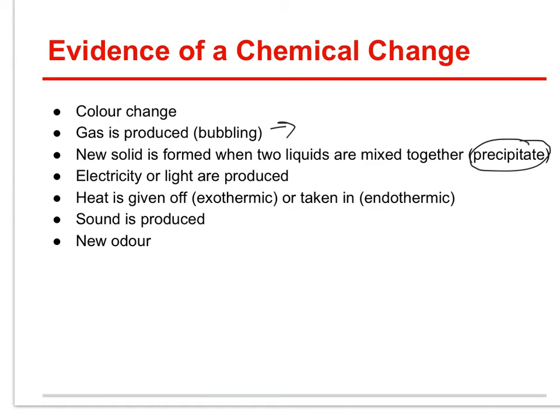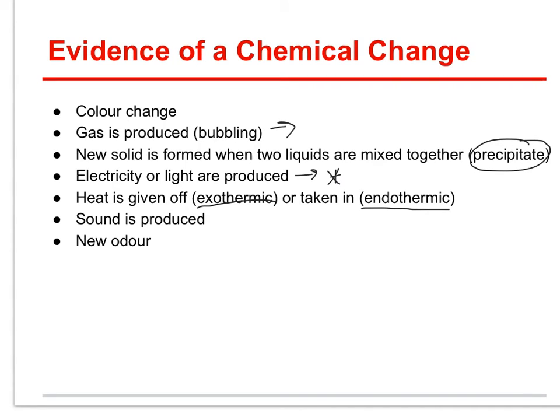If electricity or light are produced, so an example here would be if you've ever seen magnesium burned in a flame, it goes to a very bright light. And I will post a video of that later on in our lesson. If heat is given off, which is known as exothermic, or taken in, which is known as endothermic.